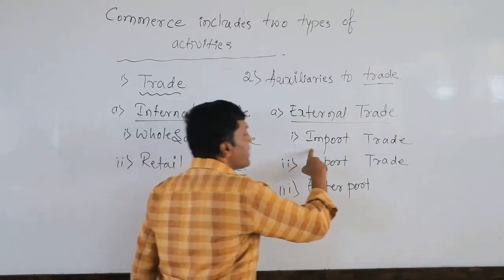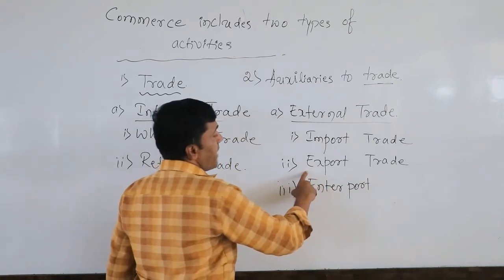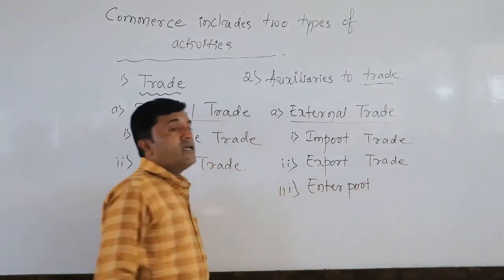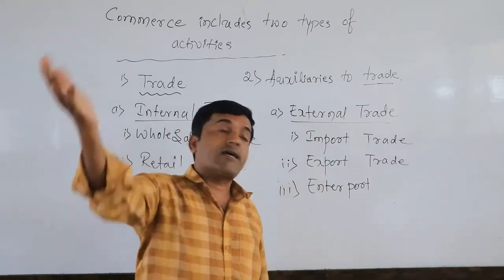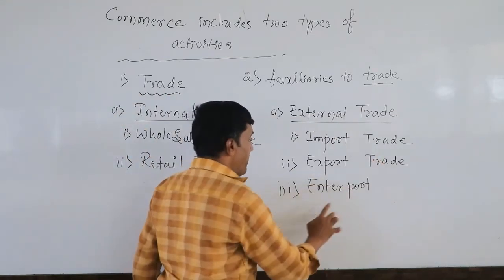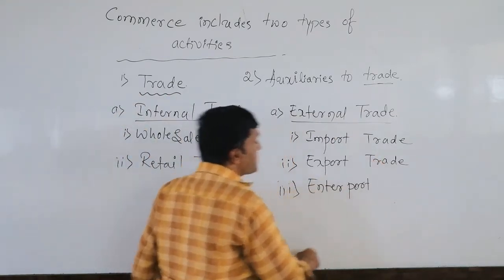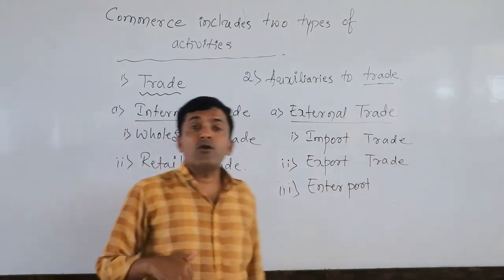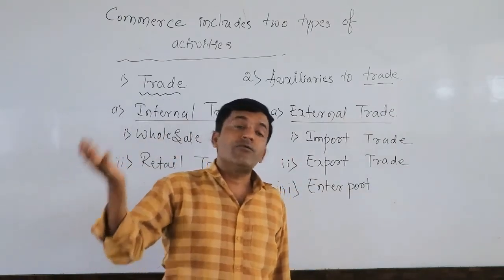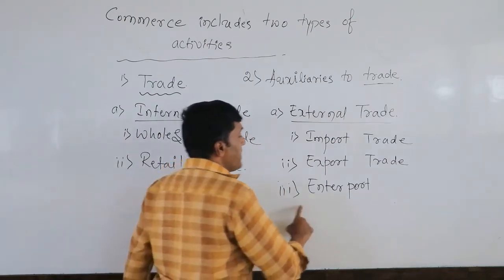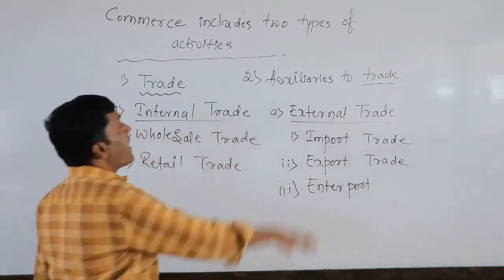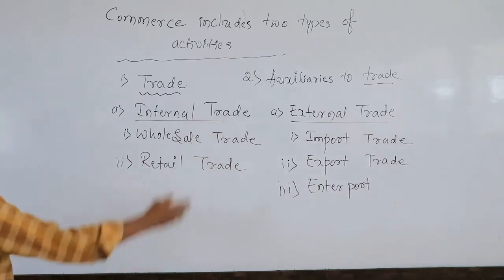Export trade: we are selling our goods to another country. Entrepot trade: goods imported from one country are exported to another country. Like this we can classify external trade into three types.